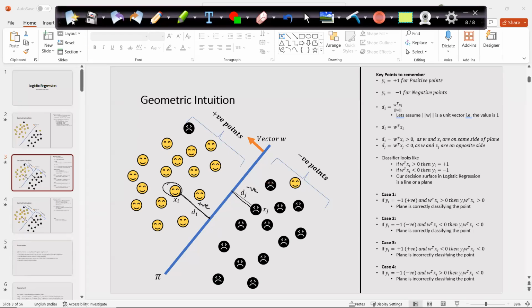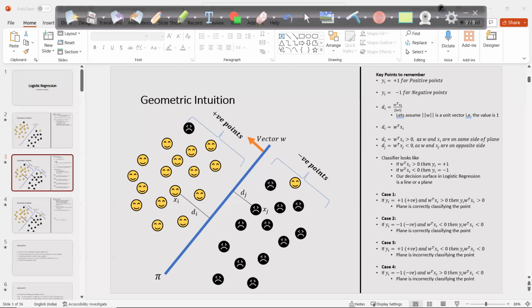Also, when we are talking about logistic regression, when we are working on logistic regression, the idea is that I can derive logistic regression not only using geometry, I can derive it using probability as well, and I can derive it using the loss function as well.